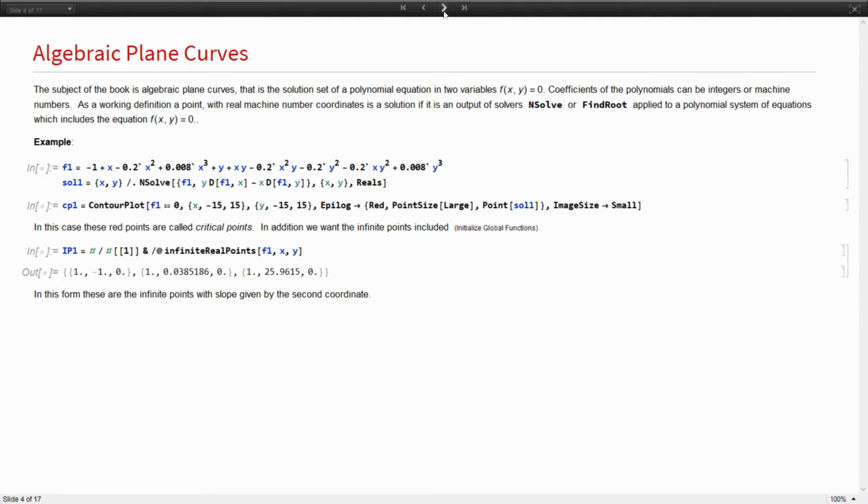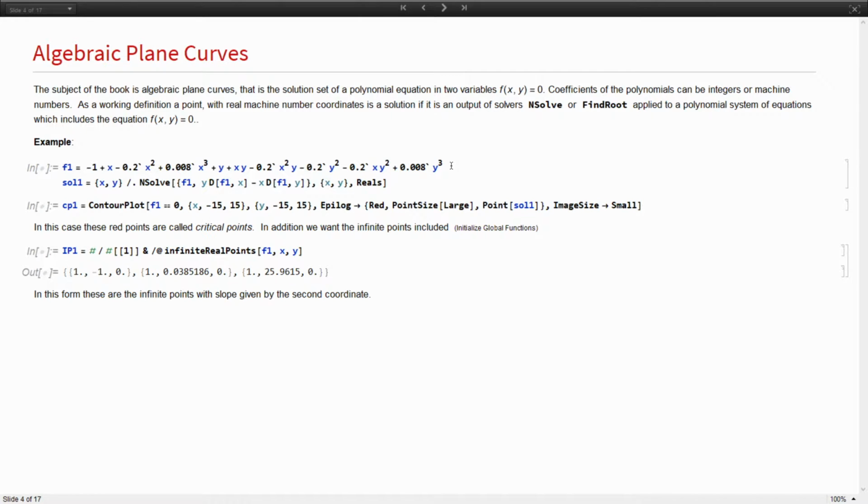An algebraic plane curve is the solution set of a polynomial equation like this one.